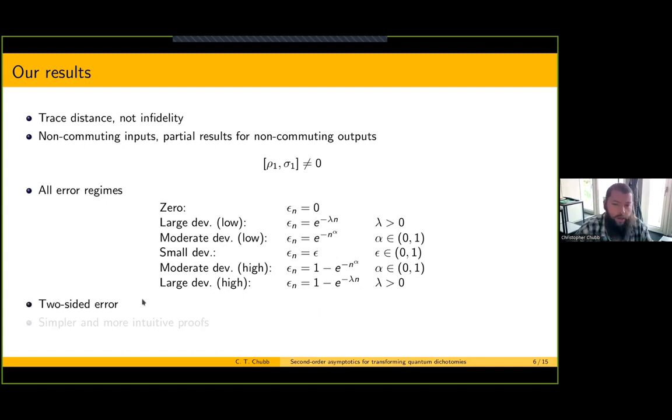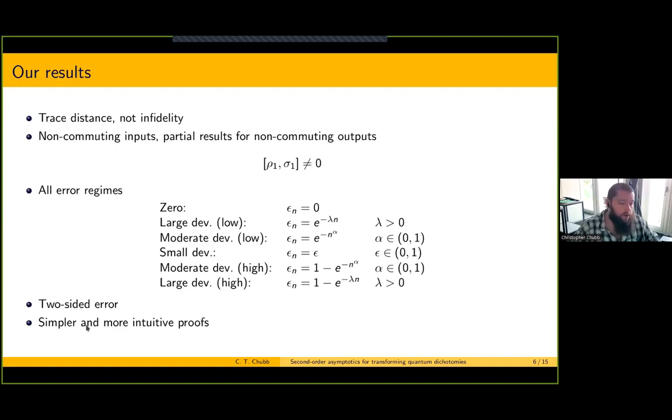We can also do two-sided error. As I mentioned in the slide about resource theories, in all the resource theories, it only ever makes sense to have the second term have zero error. But actually, mathematically, there's nothing to stop you having an error on the second term. And in fact, we can get some partial results there, even if the applications don't require that.